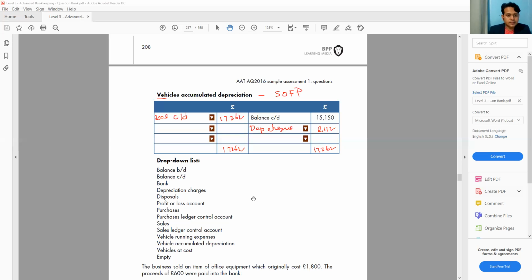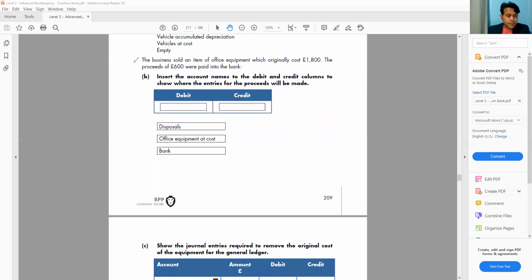What we have here, let's read this one. Number B is asking: the business sold an item of office equipment which originally cost 1,800 pounds. The proceeds, meaning the disposal sales, of 600 were paid into the bank.